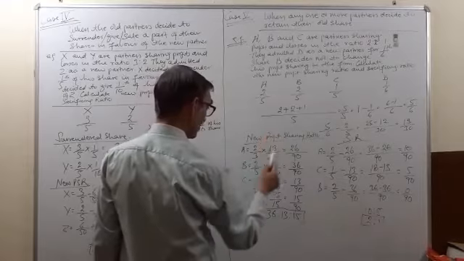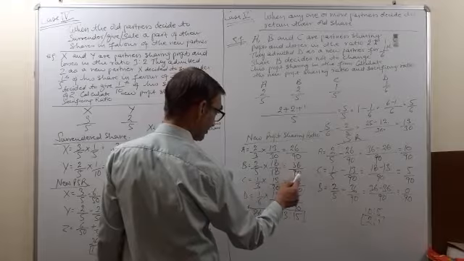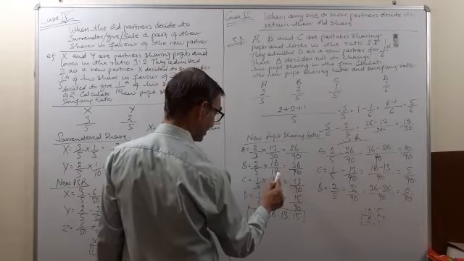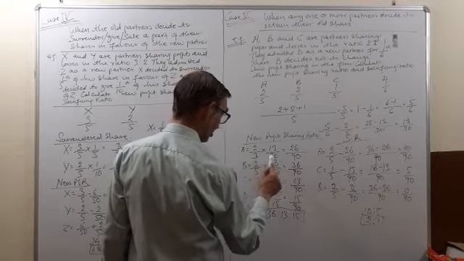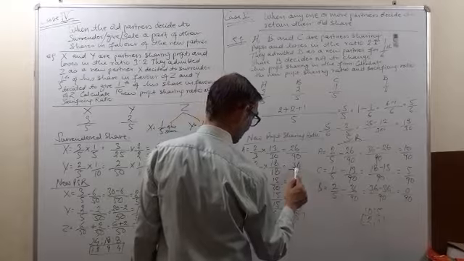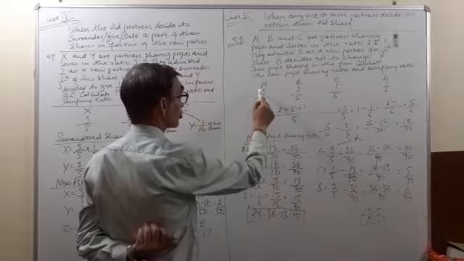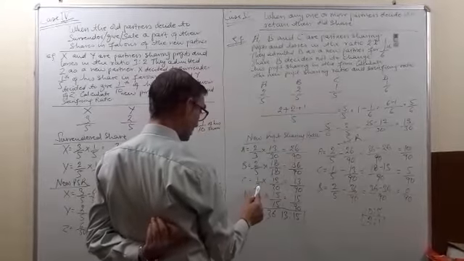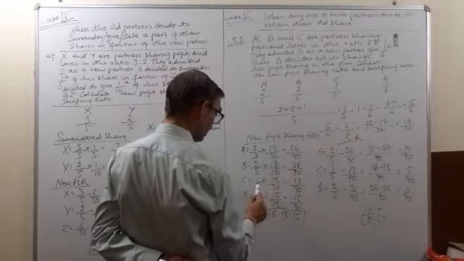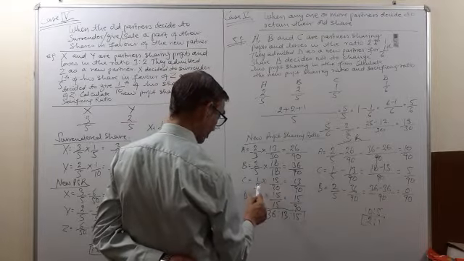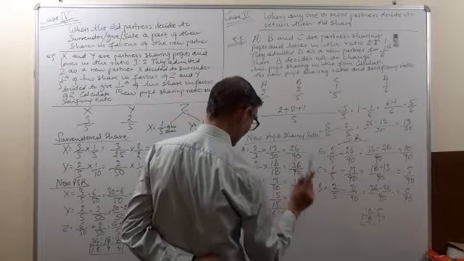B's share is 2 by 5 only, so to make the denominator equal to 90, 18 will be multiplied in the denominator and 18 will be multiplied in the numerator too. So it will come to 36 by 90. Now C's share is 1 by 3, because this has to be shared in 2:1. So 1 by 3 into 13 by 30 is equal to 13 by 90.